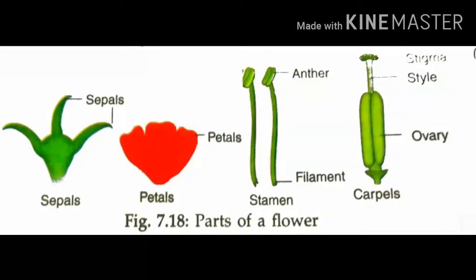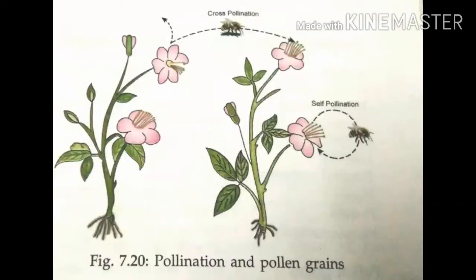Now we'll see pollination. When pollen grains from the anther are transferred to the stigma of the flower, it is called pollination. It can occur in the same flower or between two different flowers.